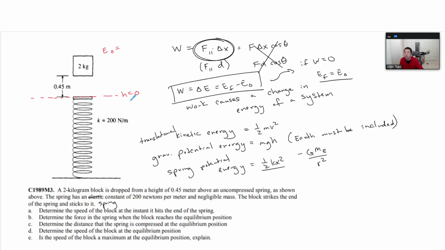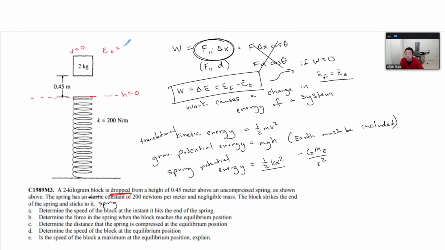Okay, awesome. So what's the energy at the top? Well, I ask myself, does it have any speed at the top? It is dropped. Whenever something is dropped, the speed up here is 0, because it's not like I threw it down. I just let it go. So it doesn't have any kinetic energy, but it does have gravitational potential energy. So I want to add up all the energy. There's no kinetic energy.